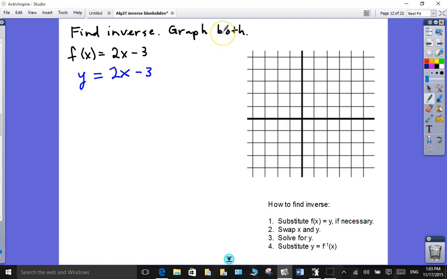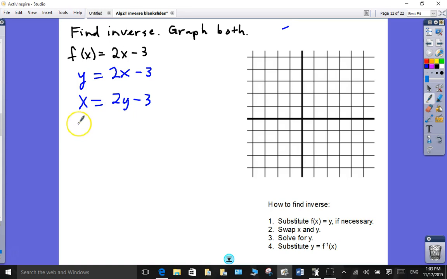Second step. Swap the x and the y, right? Put an x here, and the y on the right-hand side. Okay, now because we moved the y into the middle of the right-hand side, we've got to solve for y, right?